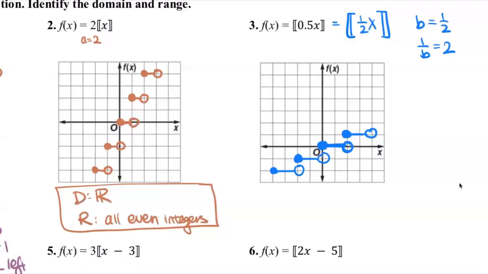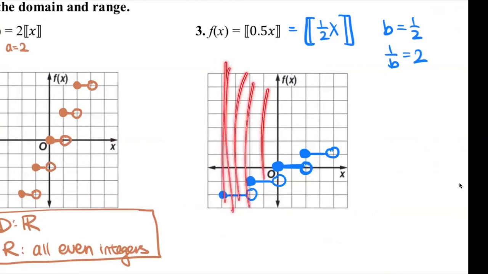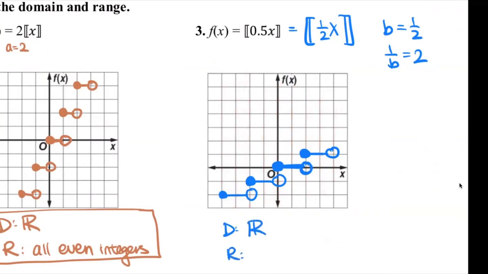All right, here, domain, again, I have graph everywhere along the x-axis, so all real numbers. And then for the range, this one, I hit 0, I hit 1, -1, -2, so all integers for this one.